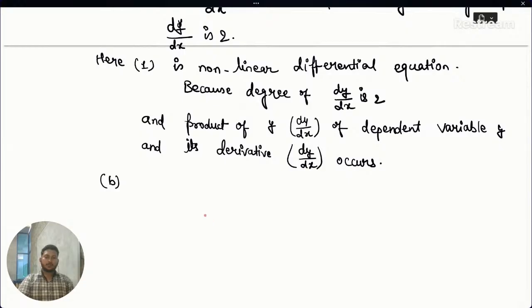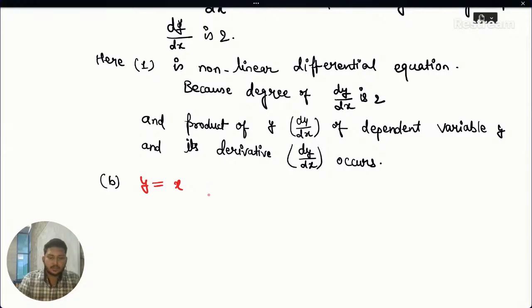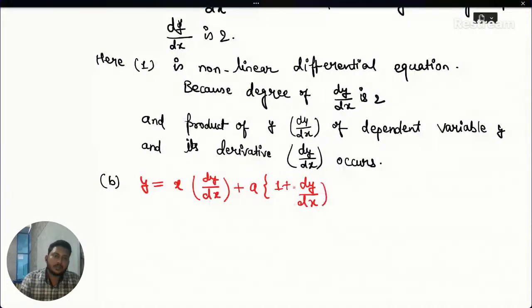The question is written as y equals x dy by dx plus a times the square root of (1 plus (dy upon dx) whole squared), that is, (1 + (dy/dx)^2) to the power 1 by 2. So this is the second question for you.